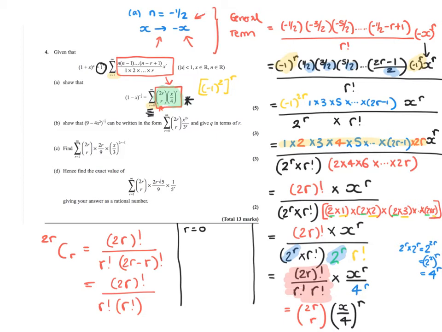So if r equals 0, then I've got 2r choose r, which is 0 choose 0, which equals 1, multiplied by x over 4 to the power of r, which is also 0, so multiplied by 1, because anything to the power of 0 apart from 0 is 1. So we get 1. So the general term works for r equals 0 as well.